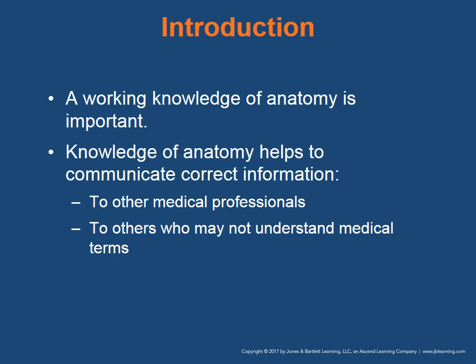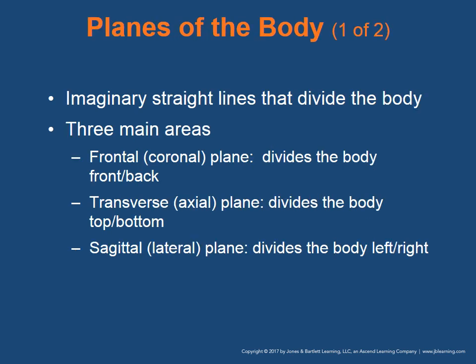Knowledge of this anatomy also helps us talk to other medical professionals, like we spoke about with medical terminology, and to those who may not understand medical terms, when we can just discuss places of the body and how it's affected, simplify it for them so they understand what's going on.